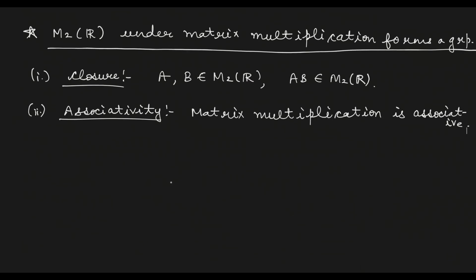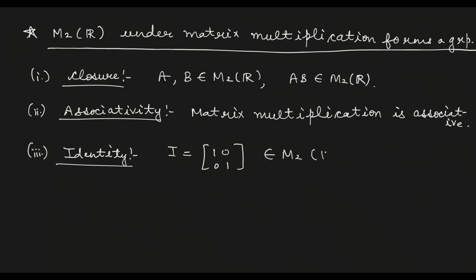What about identity element? Identity matrix. Yes, 1 0 0 1. This belongs to M2R, which means A into identity is equal to identity into A, which is equal to A for all A belongs to M2R.